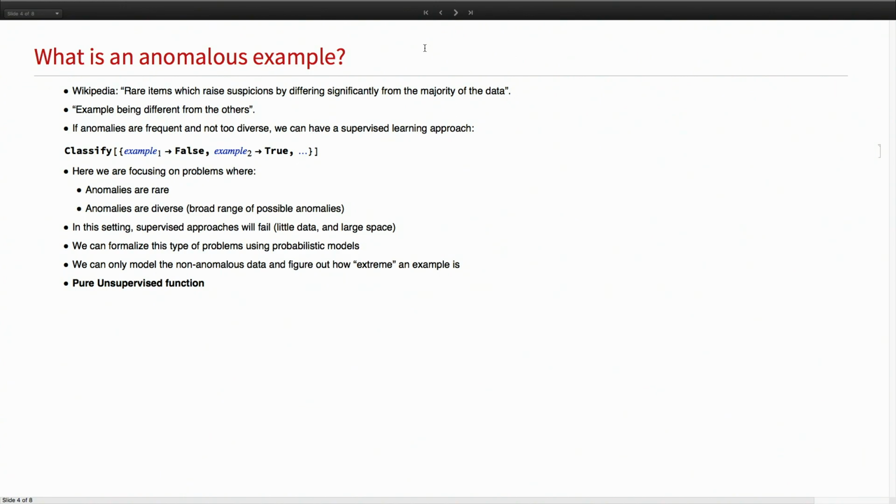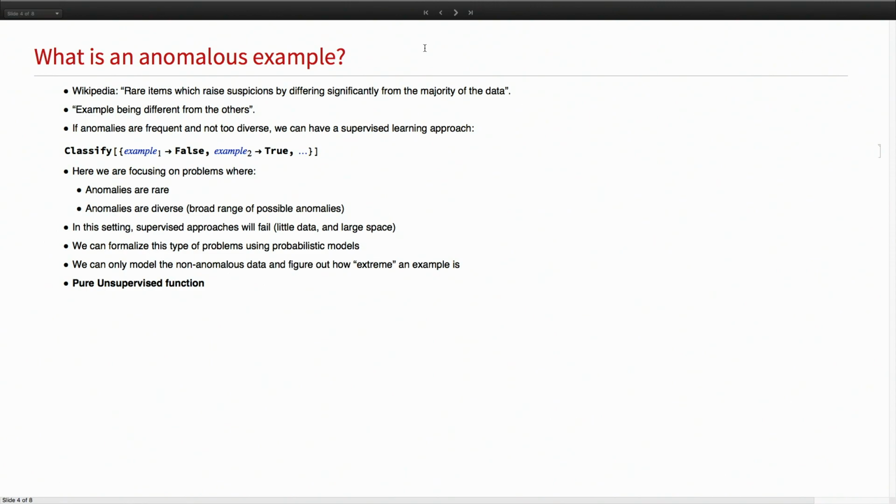We can formalize this problem using a probabilistic approach by modeling non-anomalous data and figuring out how extreme an example is. So this is a purely unsupervised approach to anomaly detection.